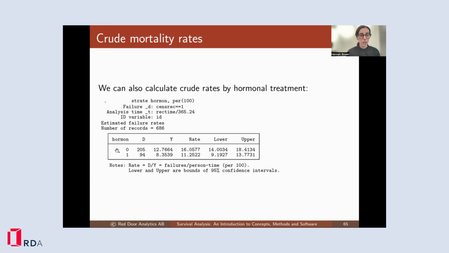And what we can see is that we get two lines in the output here, one that represents those individuals that didn't receive any hormonal therapy, and one that represents those that did receive hormonal therapy. And for each row, the rate is calculated as the number of events divided by the person time, again, so D divided by Y. And we end up with two rates here. We have a rate of 16.06 for those that didn't receive hormonal therapy, and a rate of 11.25 for those that did receive hormonal therapy. So we see that the rate of recurrence or death is higher in those that didn't receive hormonal therapy. And note again that the unit of this rate is per 100 person years.